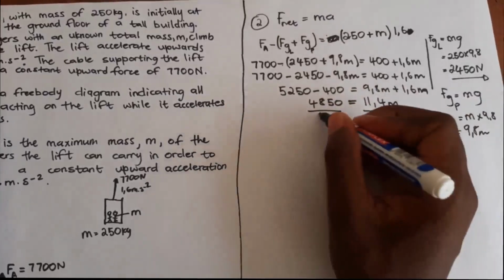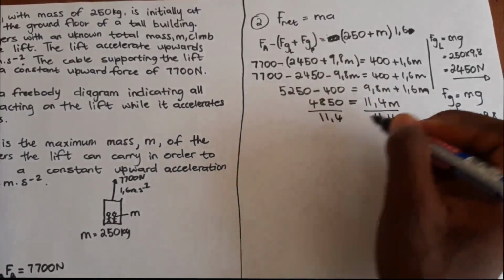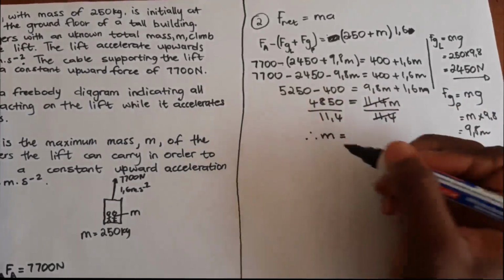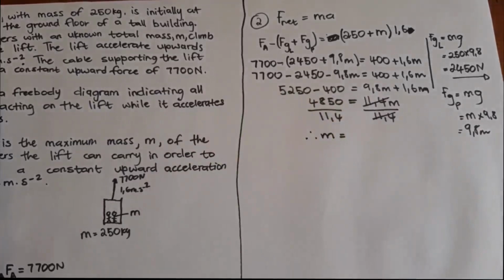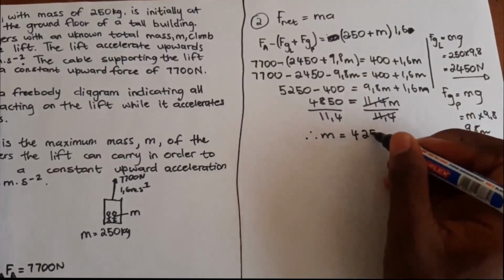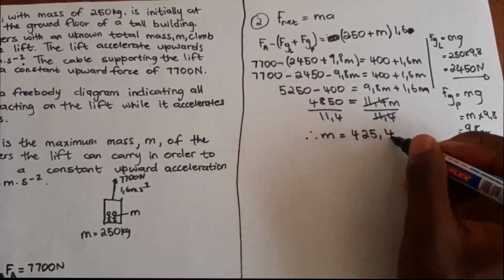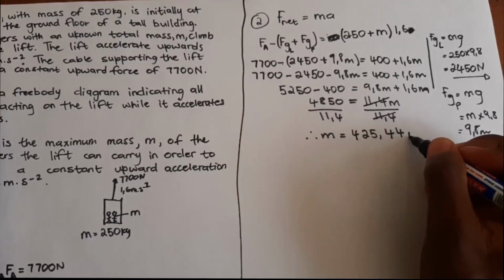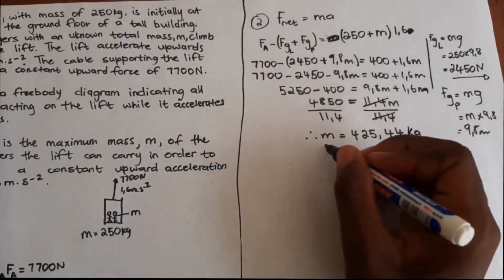Divide this side by 11.4, so this cancels this, we are left with m, and therefore m is equal to what? 4,850 divided by 11.4 gives us 425.44. Let's round that off. So the mass will be this many kilograms.